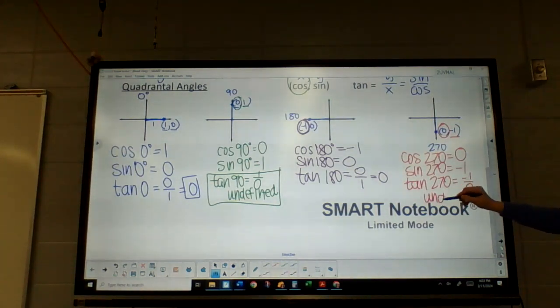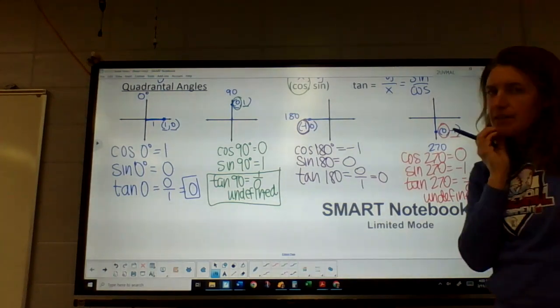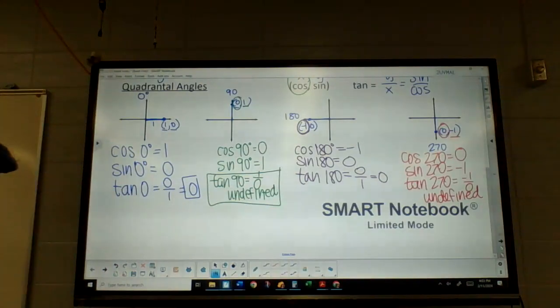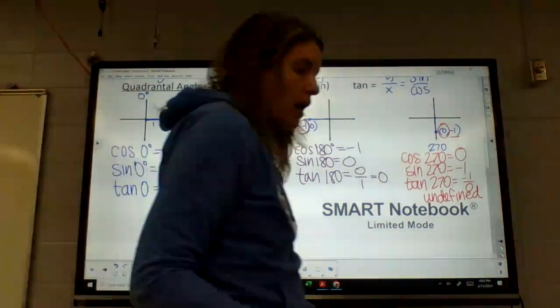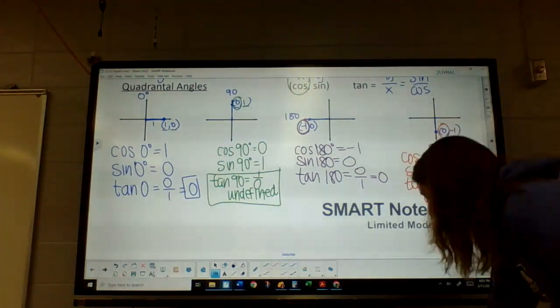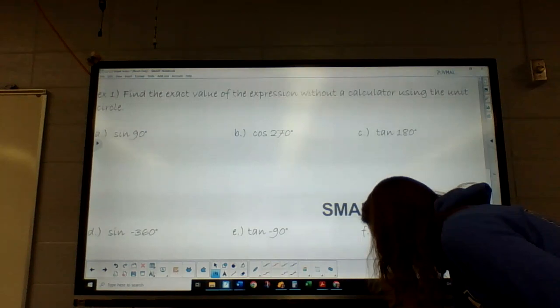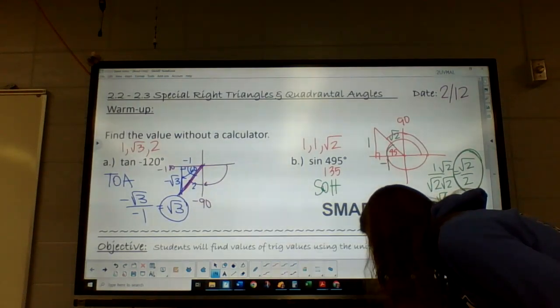We're going to learn more about what that means, but it doesn't have a mathematical answer in that one. Okay, so we're going to use that to figure out a few of these.